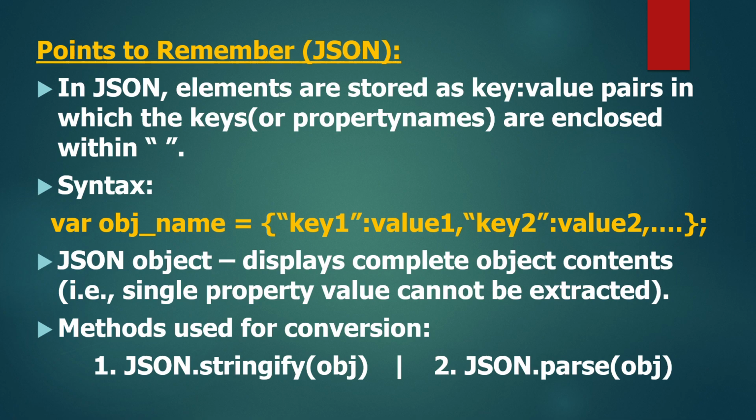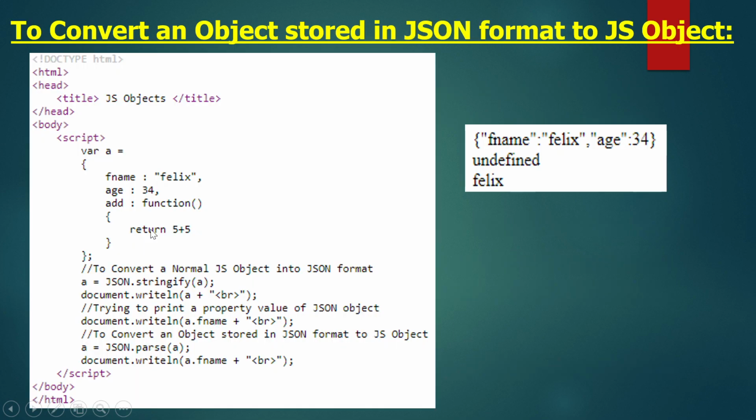The important points to remember whenever we are using JSON is that elements are stored as key value pairs, in which the keys are property names. Here I said property. So what is the property here? fname is a property, which is like a variable, and it stores the string.